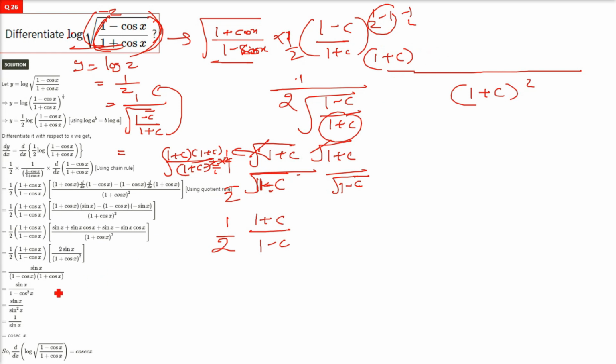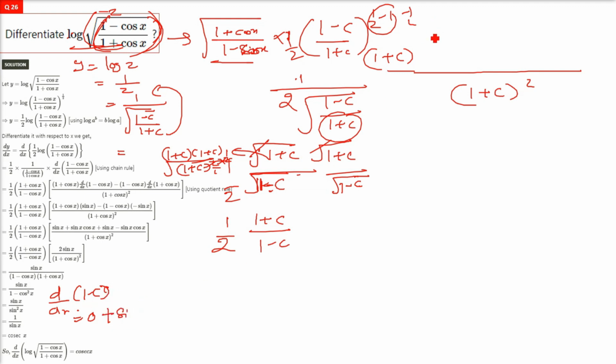So d by dx of 1 minus cos x: 1 will be 0, cos is minus sin theta, negative is already outside, so it will be positive sin theta. Please remember, sin theta differentiation is cos theta, and cos theta differentiation is minus sin theta. Alright? So you just have to write sin theta here.